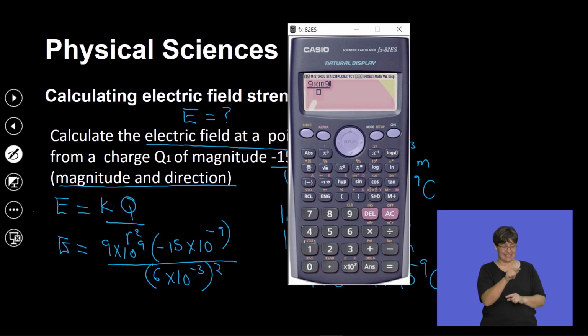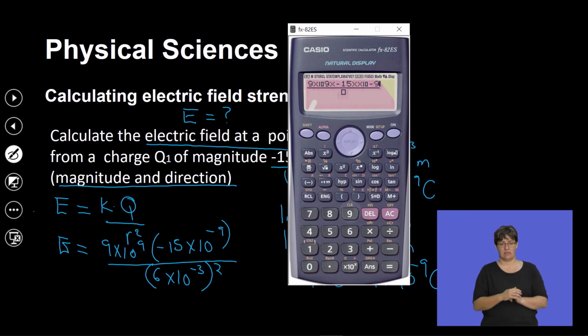Remember, we derived this formula using Coulomb's law of electrostatics, so we still use the very same value of K. We multiply that by the magnitude of the charge, which is minus 15 times 10 exponent negative 9.